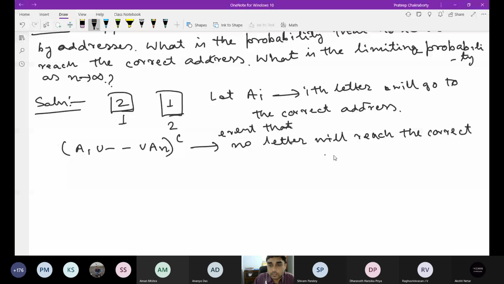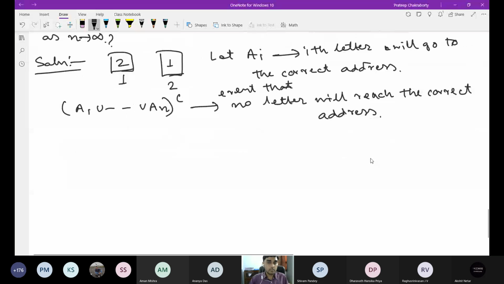Then please tell me if this is okay to all of you. So A1 union means at least one letter will reach the correct address. So its complement is no letter will reach the correct address.